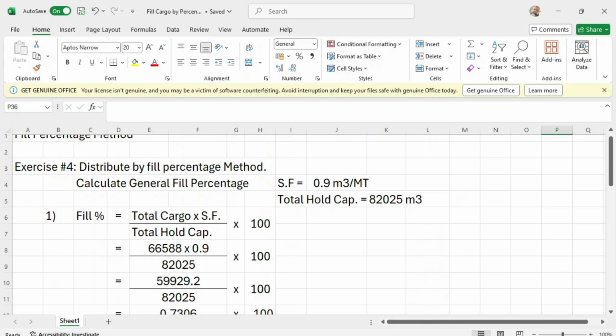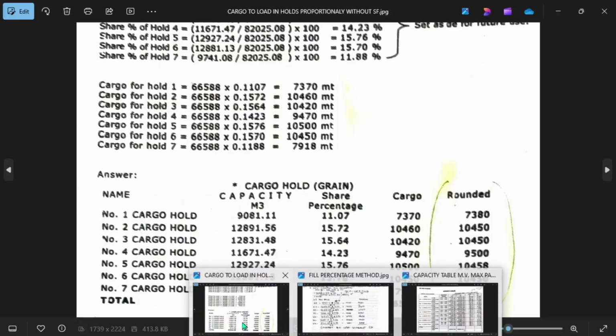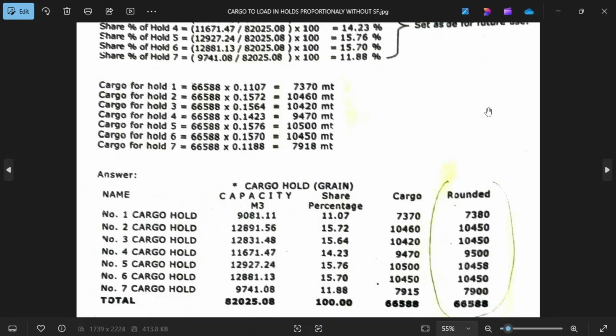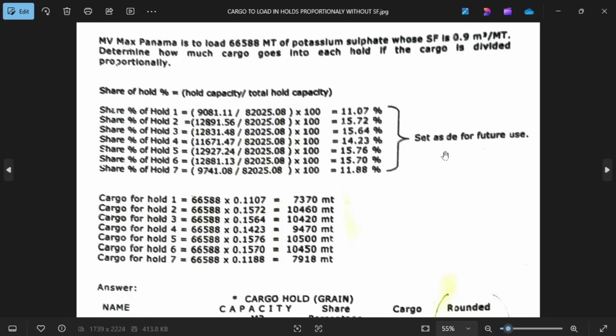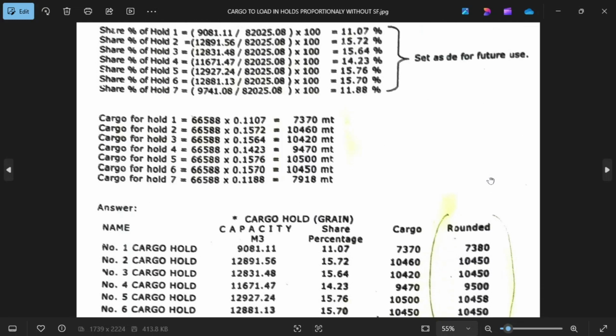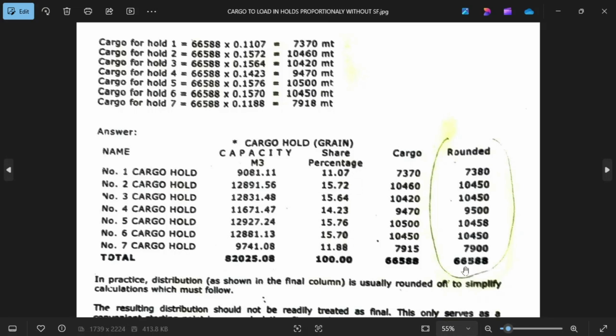Okay, so again, you can repeat. You can make this solution by writing like this, until you get the weight for your cargo.